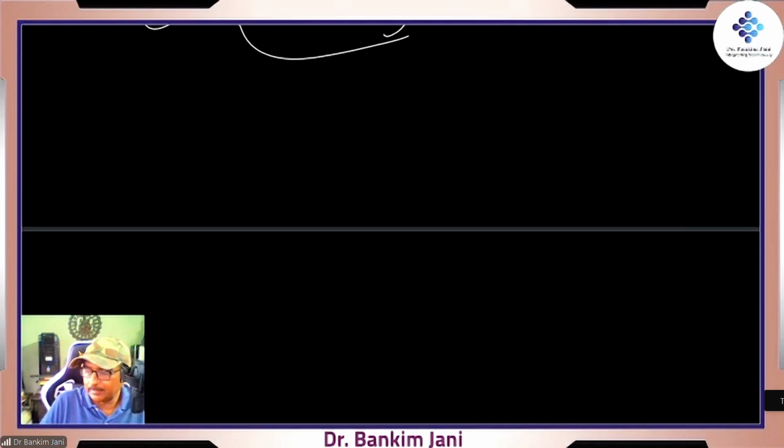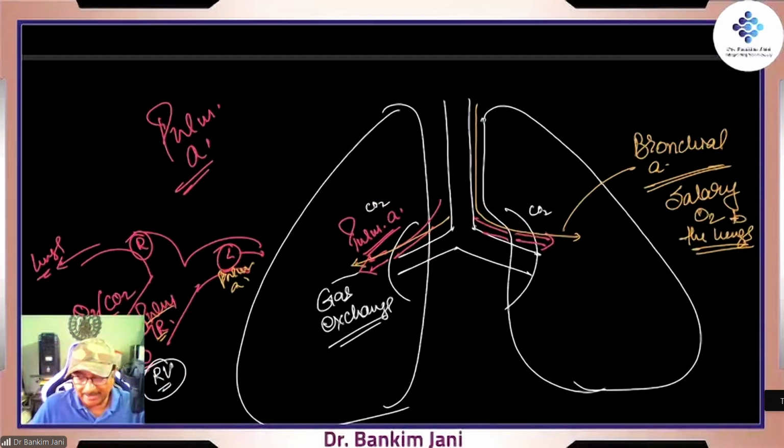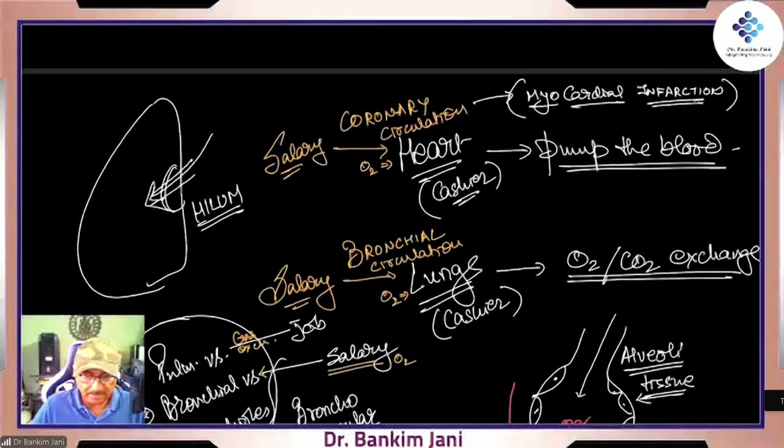The next one. From where are they coming up? From where are they coming? In both the cases, whether it is coronary circulation or bronchial circulation, both these organs are so important. So they should be getting the first class of oxygen.